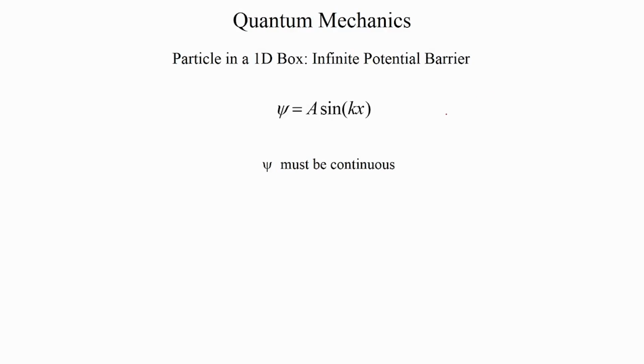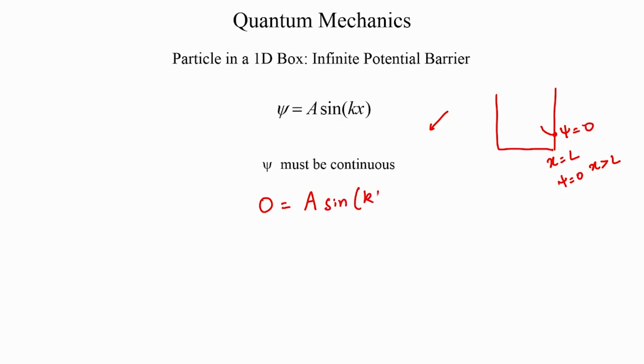Now let us apply the boundary condition on the other side of the box, which is at x equal to L. At x equal to L, again we find that the wave function must be equal to 0, since the particle cannot exist in the regions where x is greater than L. Applying that boundary condition at x equal to L, the magnitude of the wave function is 0 at a sine kL.